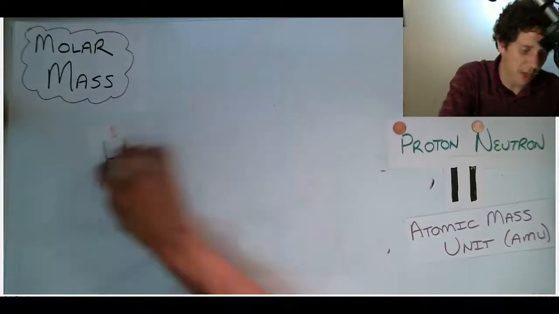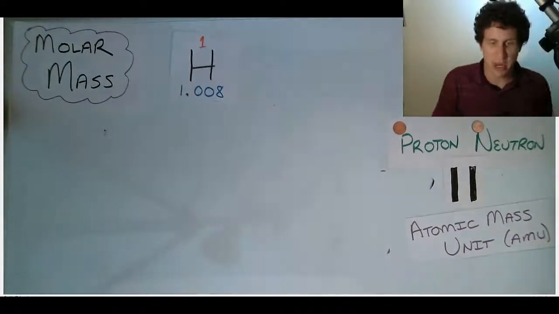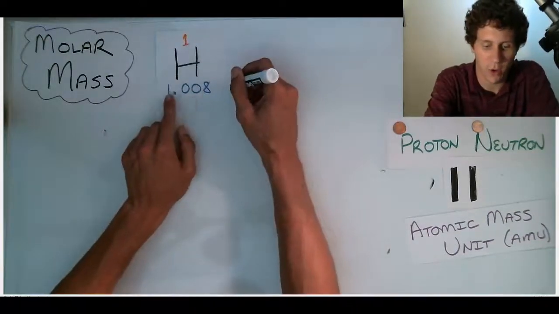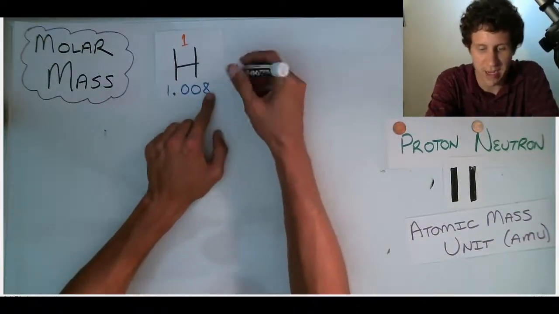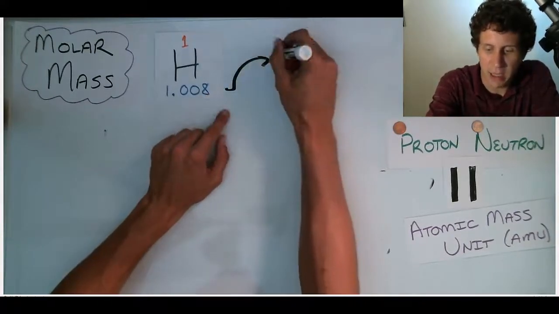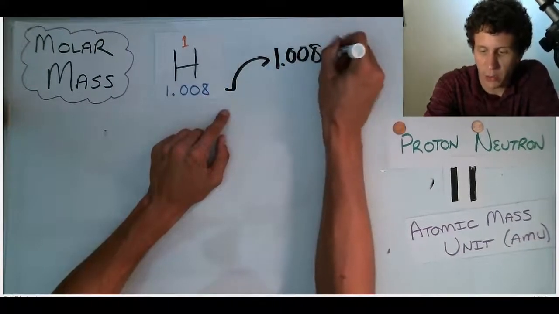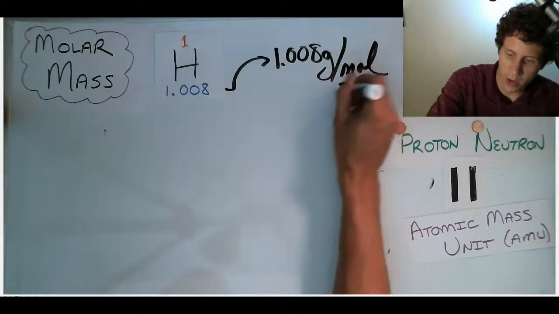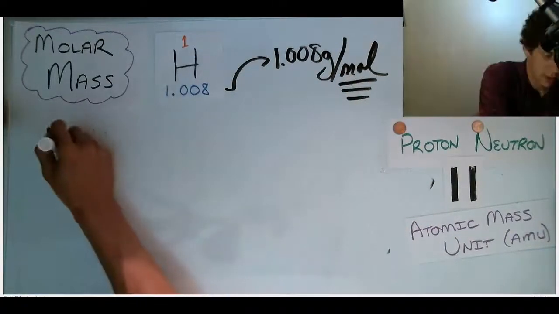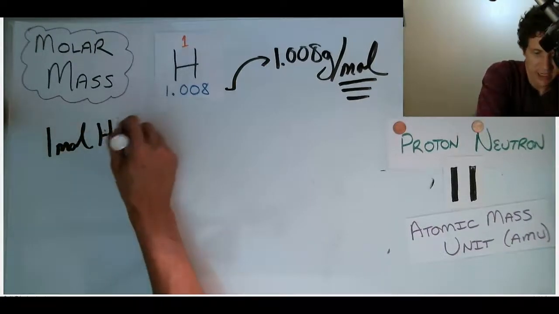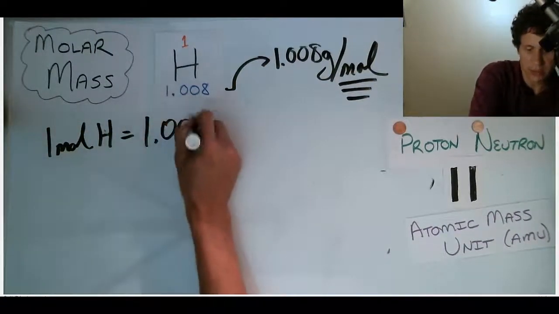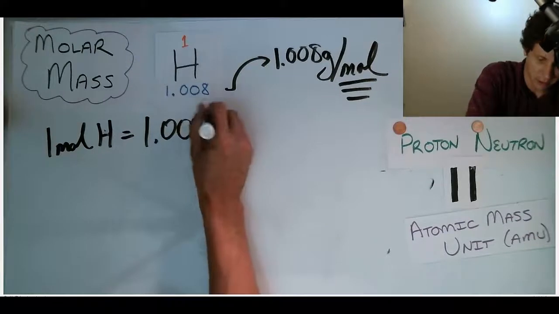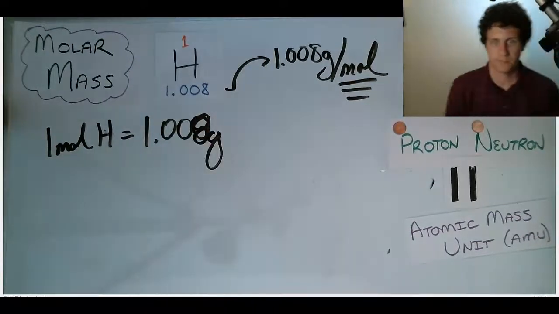So I've got my hydrogen atom, and we know that this 1.008 represents the mass of hydrogen in grams per mole, which means for every 1 mole of hydrogen that I have, I know that it's going to weigh 1.008 grams.